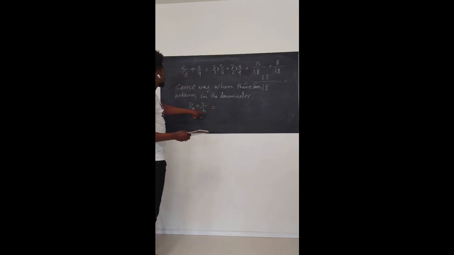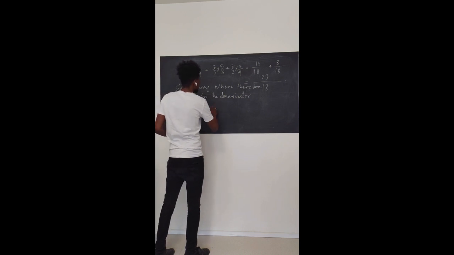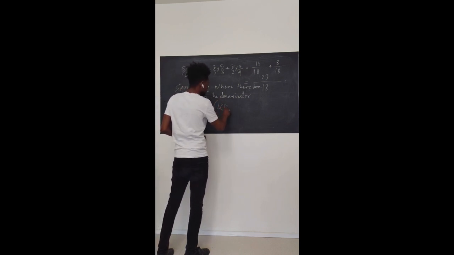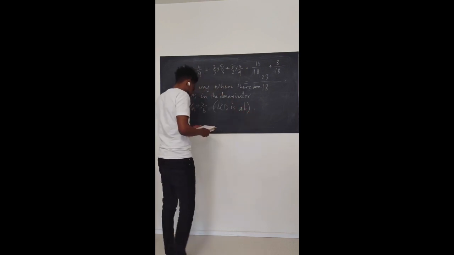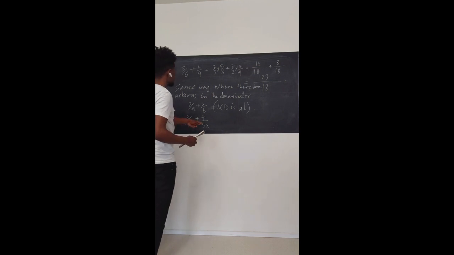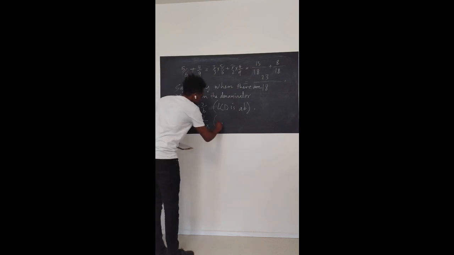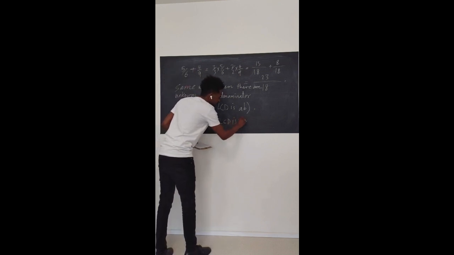What is the least common denominator here? We multiply this by b, and then here by a, then the least common denominator is AB. What about this? 2 over x plus 4 over 5x. The least common denominator is 5x.